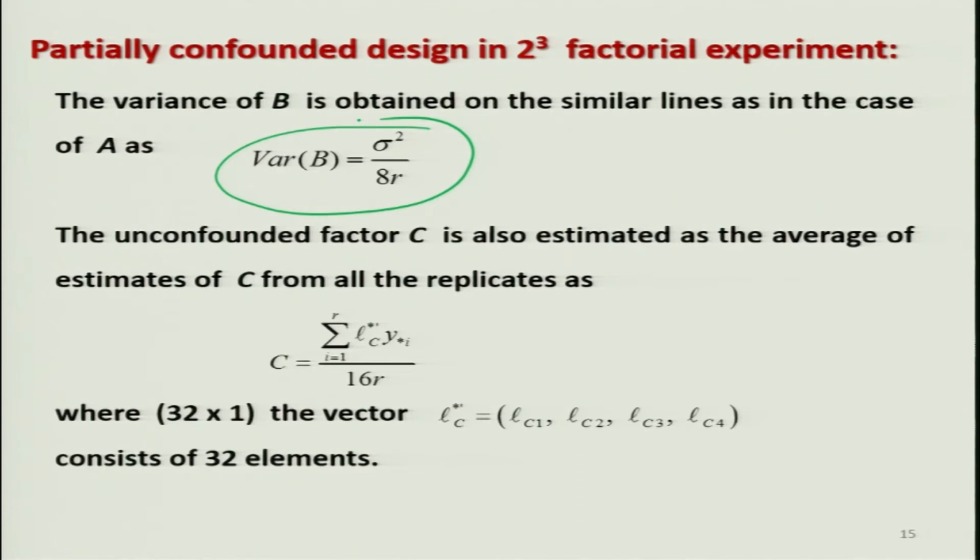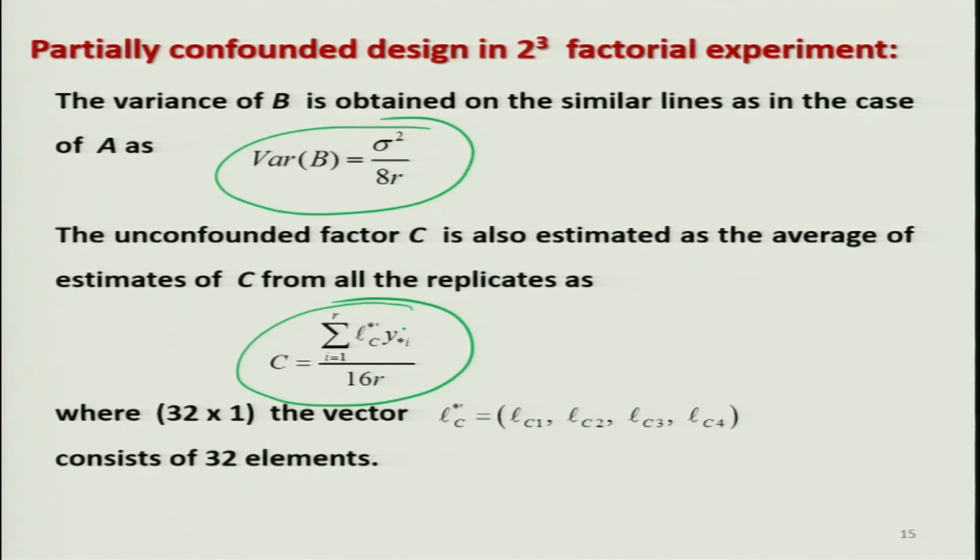And similarly, the unconfounded factor C can also be estimated exactly on the same lines as you have estimated A and B. So, this is again the arithmetic mean of all the C estimated from each of the 4 replicates based on R observations. So, C can also be expressed exactly in the same way: summation i goes from 1 to R L C star transpose y star i.